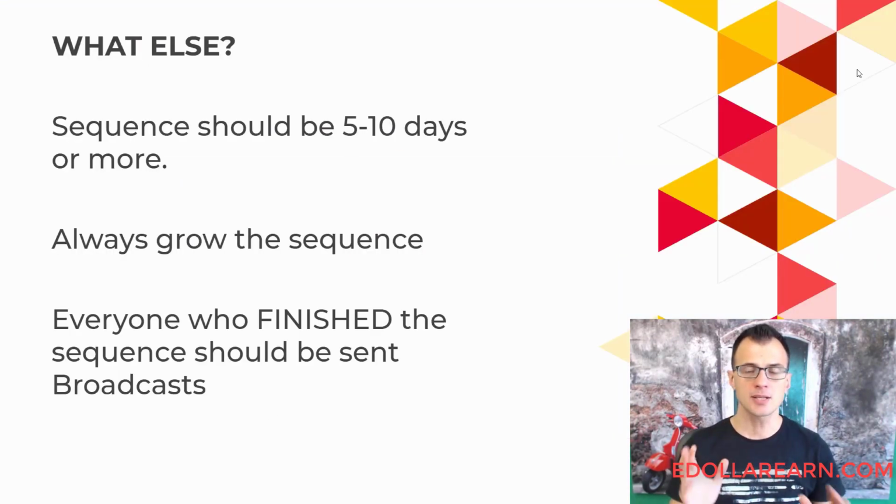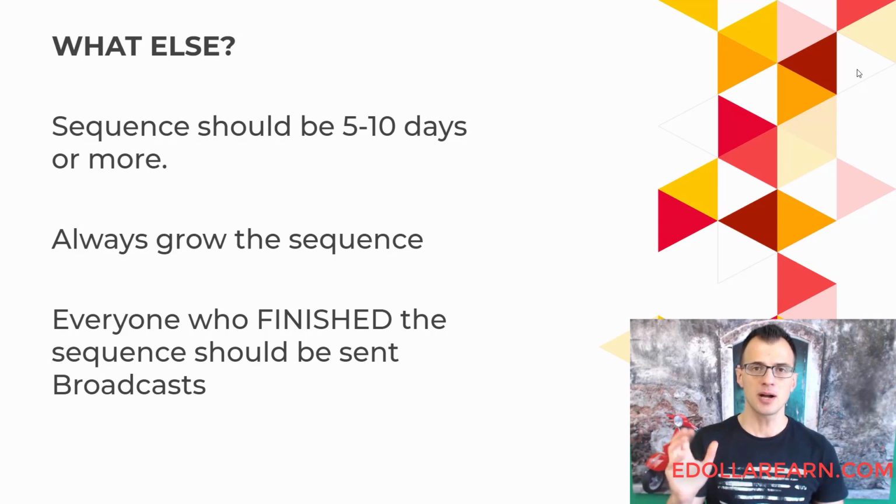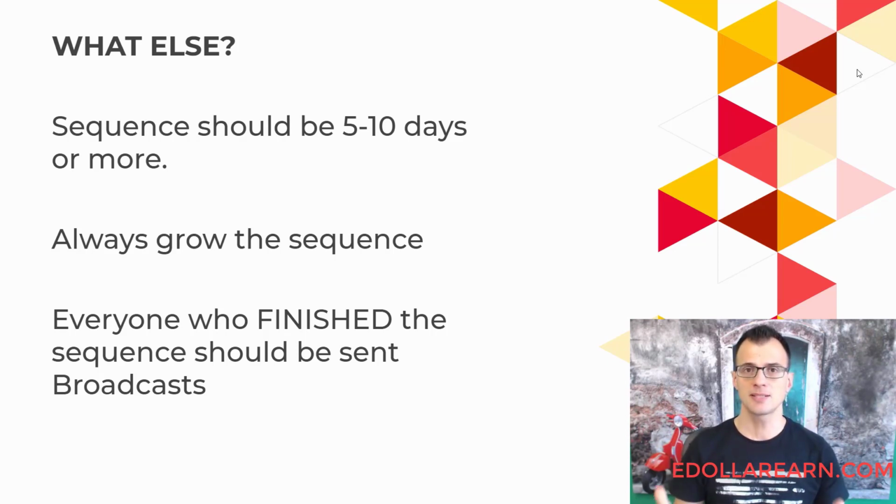Okay, so what else should you know at this stage? Well, the sequence should be at least 5 to 10 days. We're going to talk about the actual structure of the sequence in one of the next videos. But it should be 5 to 10 days because you want to have communications going out to subscribers as soon as they've joined your email list. You want to send those communications, make that money, send those affiliate links, and build that relationship with the subscriber.